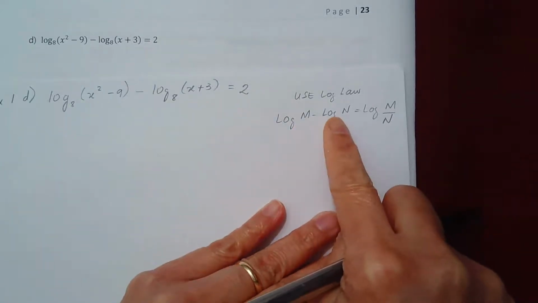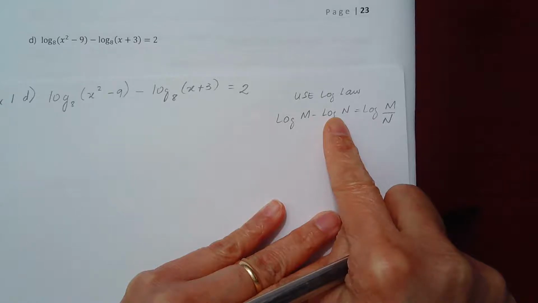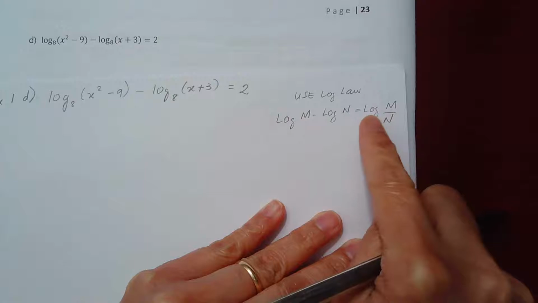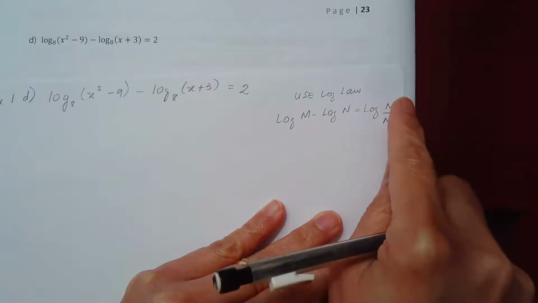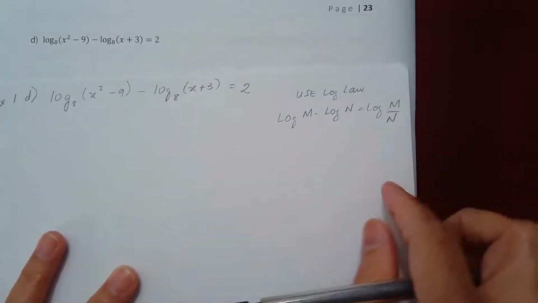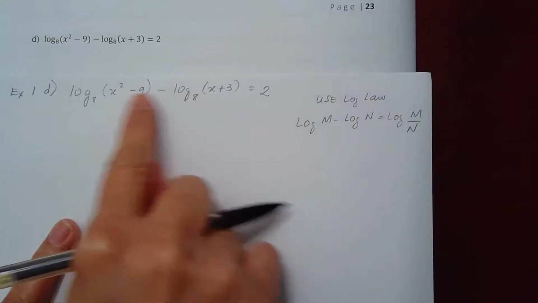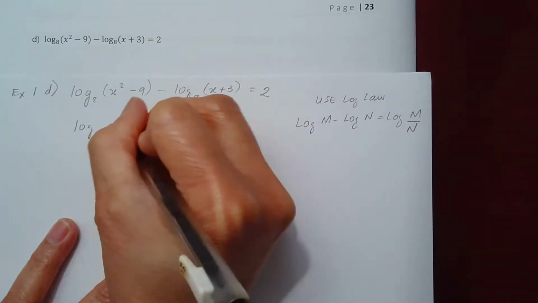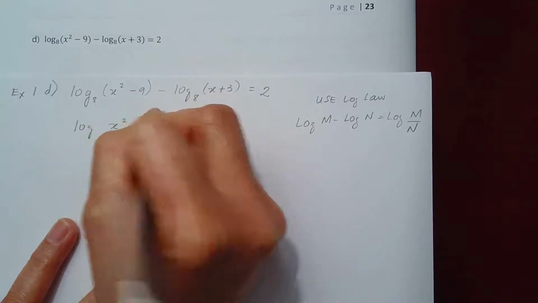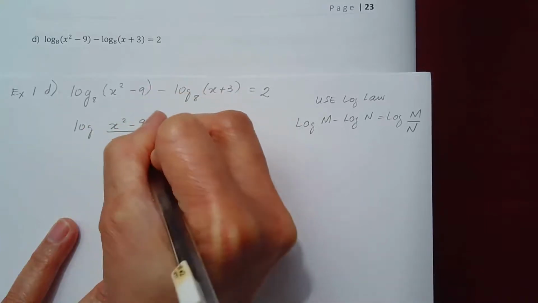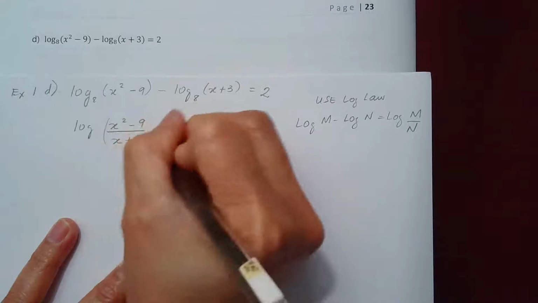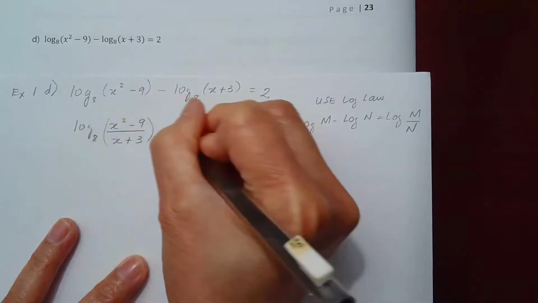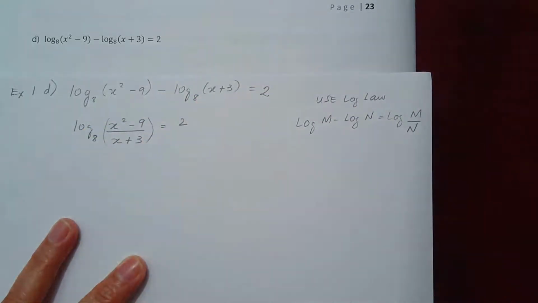So if log of m minus log of n, we can rewrite that as a single logarithm m divided by n. So that's for that piece. Log of x squared minus 9 divided by x plus 3, and this is base 8 equals 2.